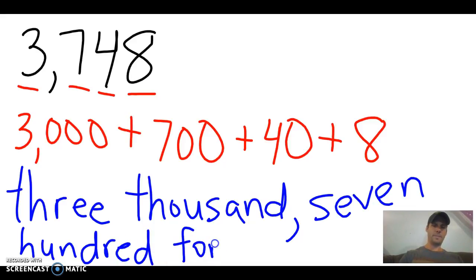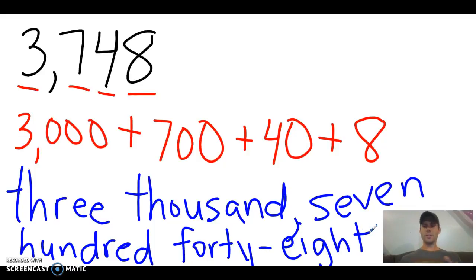Then 3,740-8, and this is probably where you also might have caught that we do need a hyphen between our tens and our ones. When we're writing in word form, you need to make sure you put the hyphen between your tens and ones, as long as it's after 10 and it doesn't end in a 0. So anything like 53 or 79 or 86 needs a hyphen between your tens and ones.